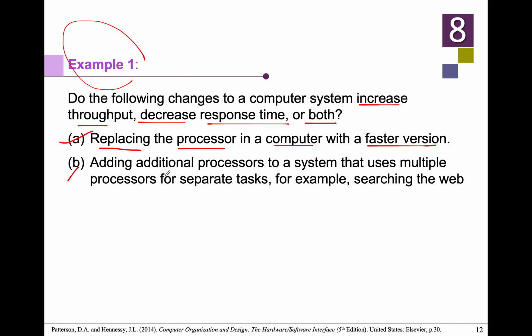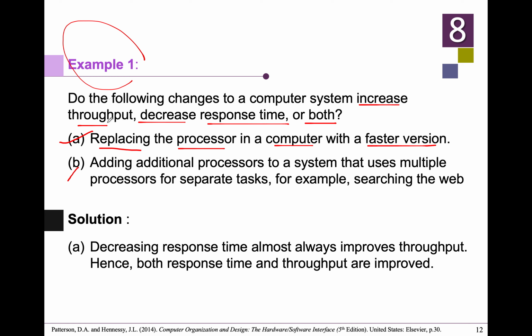B, adding additional processor to a system that uses multiple processors for separate tasks, for example searching the web. So this keyword, I guess it's on throughput, but let's see the solution. First, decreasing the response time almost always improves throughput. Hence, both response time and throughput are improved if you replace the processor.